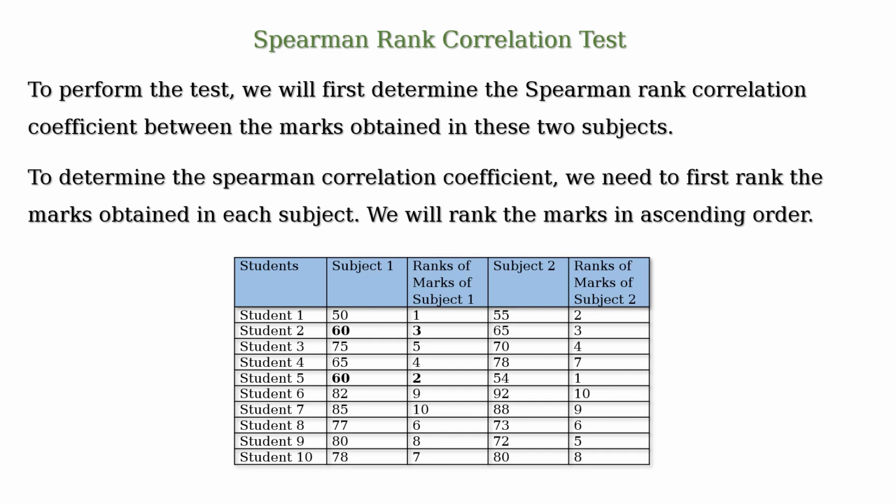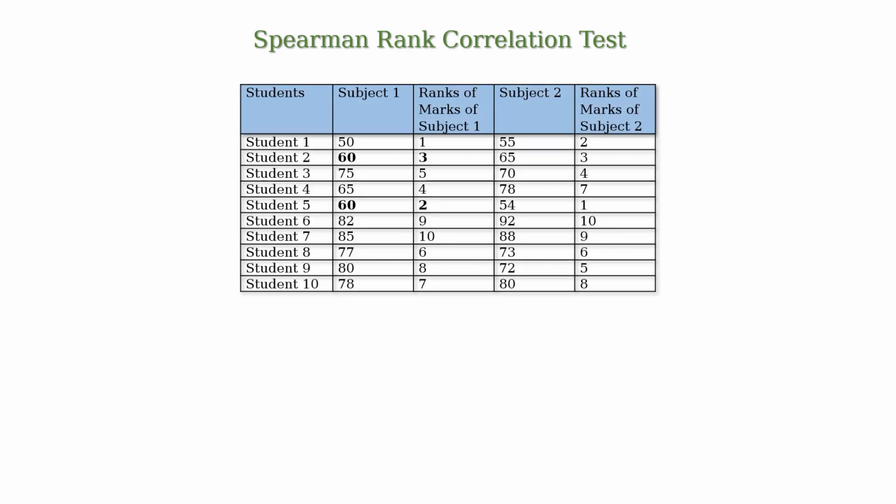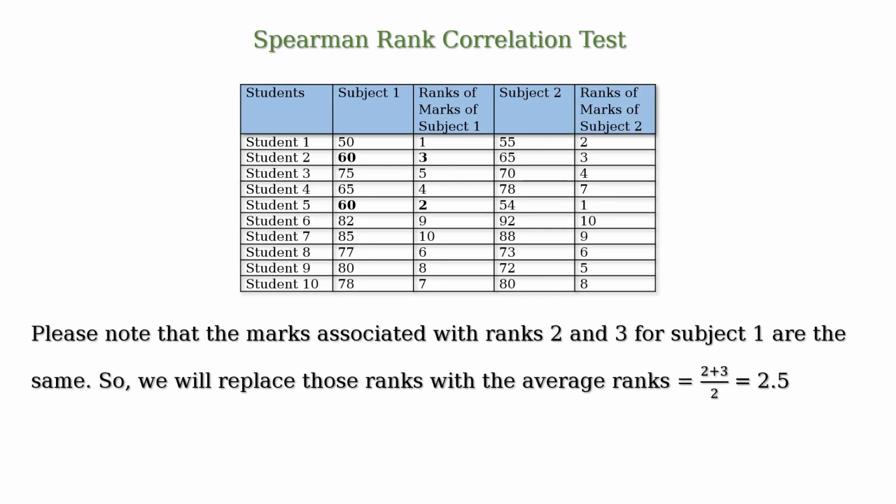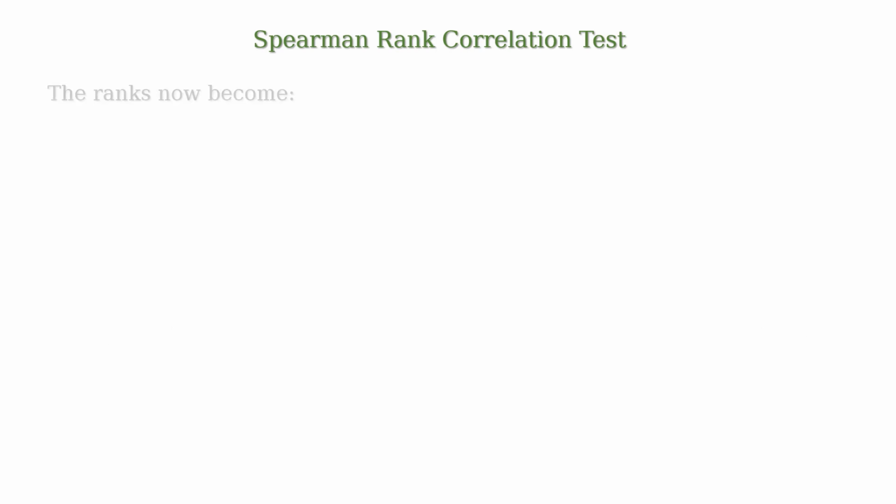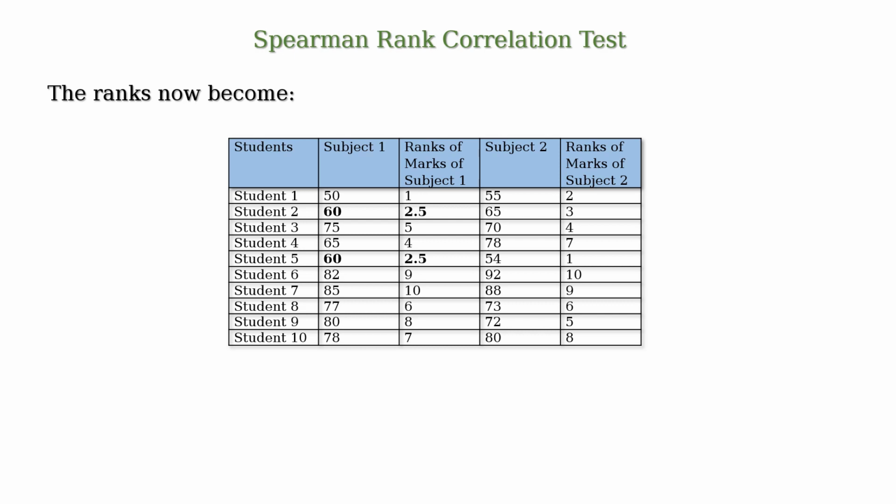After ranking the marks, we will get the following table. Please note that the marks associated with ranks 2 and 3 for subject 1 are the same. So, we will replace those ranks with the average rank 2.5. So, the ranks now become like the following.